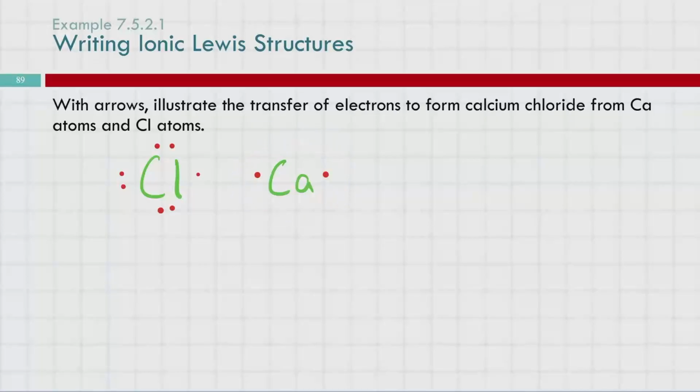Calcium's getting mugged for its electron. Chlorine says, that's a lovely electron you've got there. It'd be a shame if something happened to it. And so this is going to turn into something that looks like this.